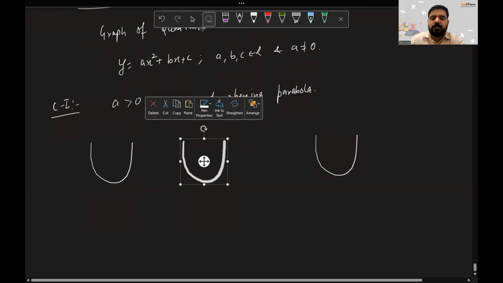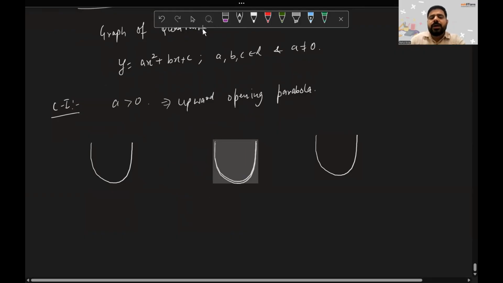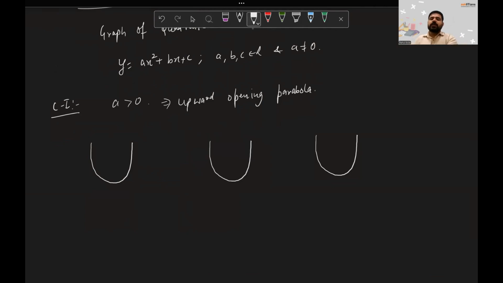Now in 10th grade you have studied that for a quadratic there might be two real and distinct roots, something like this. There might be real and equal roots, something like this, only one root which is a repeated root, or there is a possibility that there are no real roots.